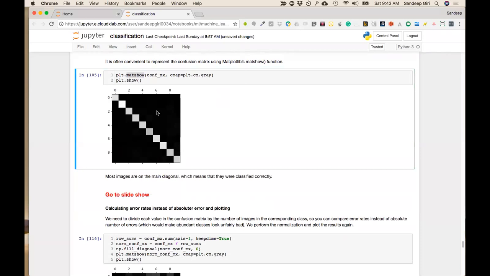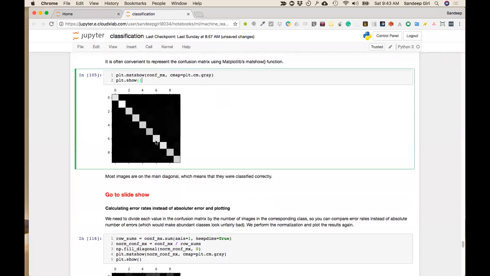The brighter ones, we have said gray means the higher the number, the brighter it is going to be; the lower the number, the darker it is going to be. So here you can see that 1 is identified as 1 very clearly. 1 is never confused with anything.